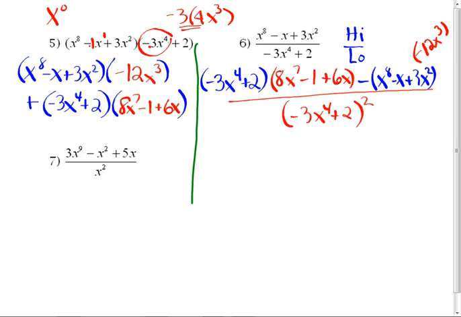Just following a formula. Low d high minus high d low over the square of low we go.